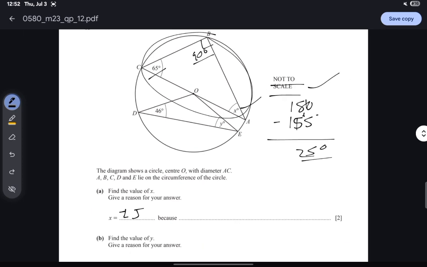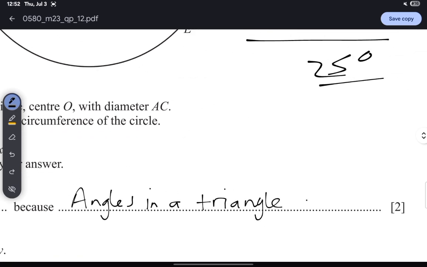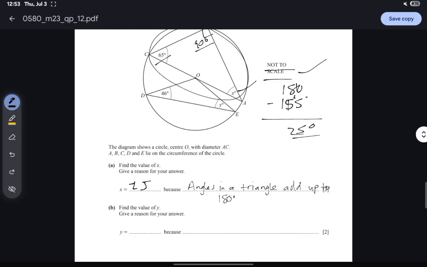Then you say because angles in a triangle add up to 180 degrees. Then you're done. You get your 2 marks.